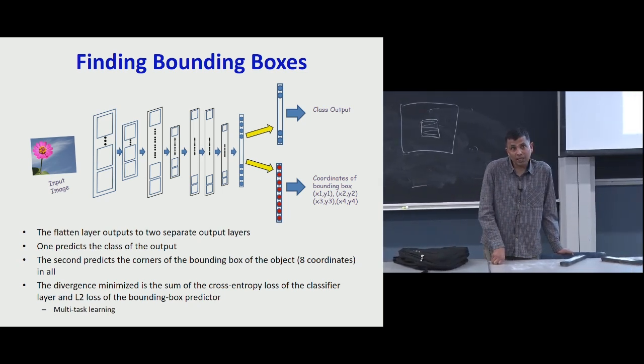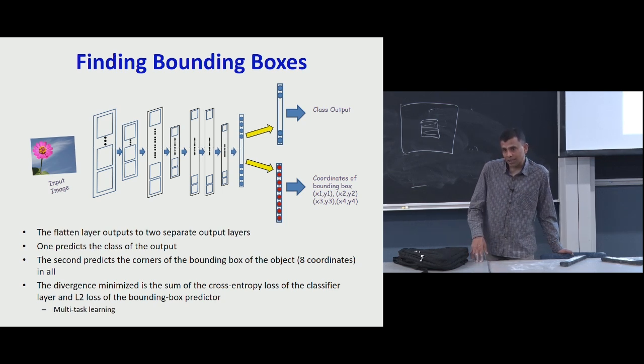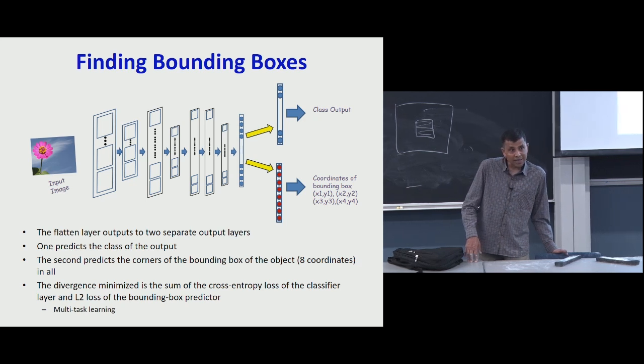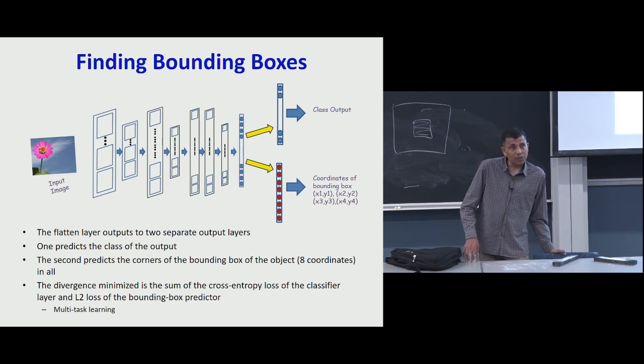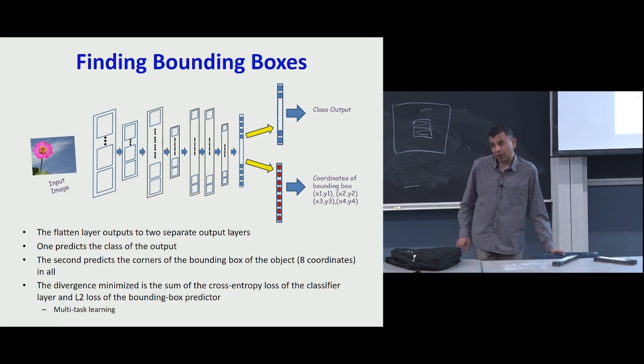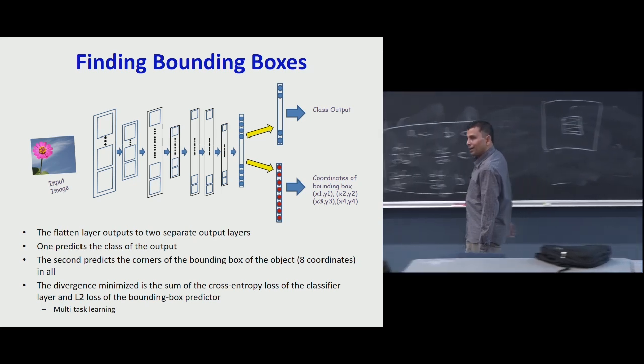In this case, it's going to be 8 outputs, which are the xy coordinates of the 4 corners of the bounding box of the flower. And now when you train the network, you jointly train to minimize both losses, not just the ability to detect that there's a flower, but also the ability to find out the exact location of the flower, right?